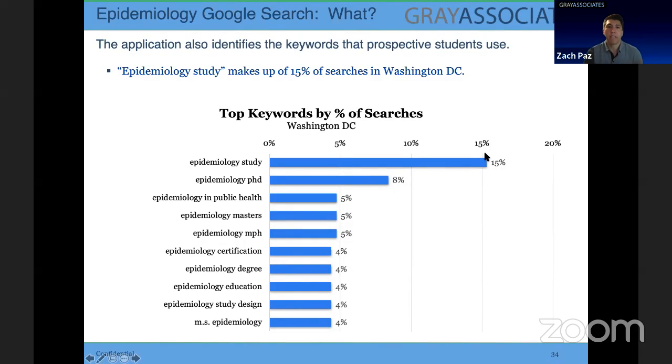With this information, you can really start to understand, and make sure that if you want to promote your program, you're leveraging some of the most searched keywords. And so when you're potentially participating in Google AdWords, you can leverage these to hopefully get your institution's program to the top of the list when prospective students are searching.